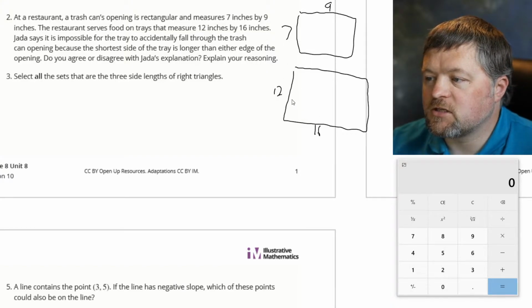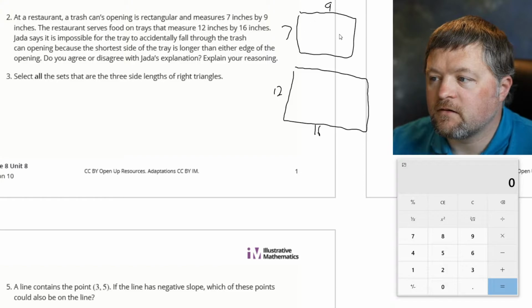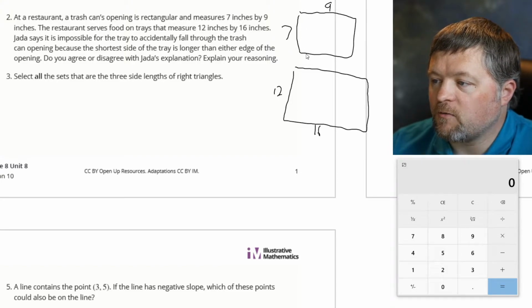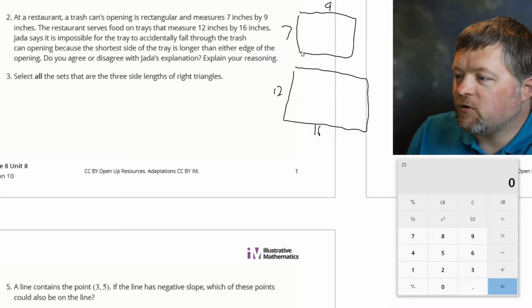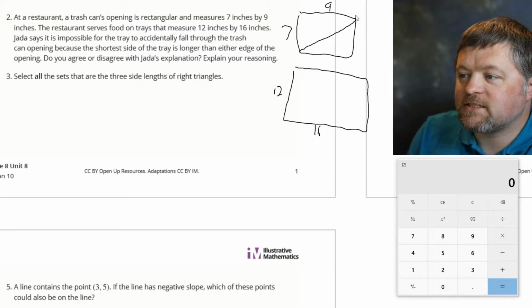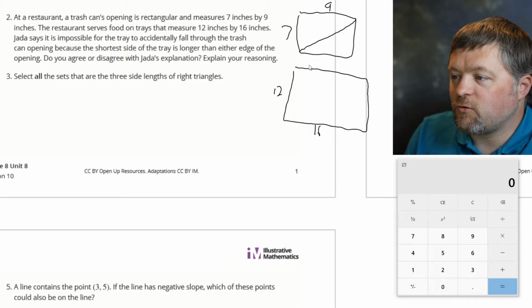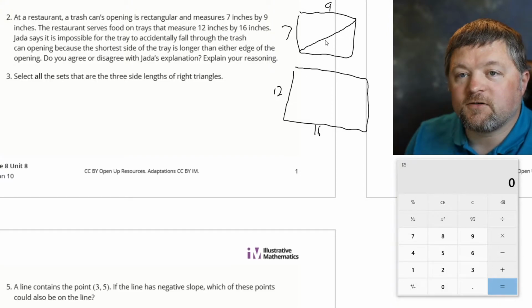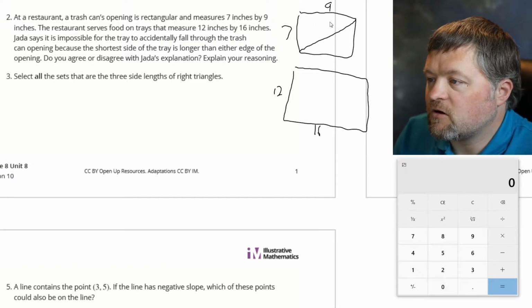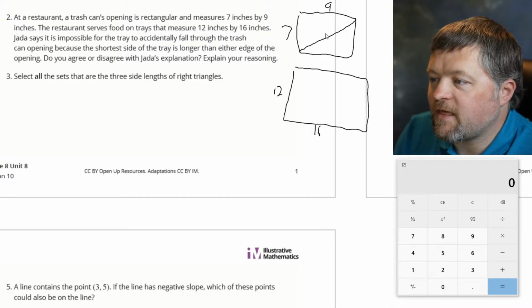So this looks larger than the opening for the trash can, so it seems like it probably won't fit. However, if you were to put in the tray diagonally, I wonder if it would fit this way, because if this distance is greater than 12 inches, the tray can still fall into the trash can diagonally. So let's check out what that distance is. That is the hypotenuse.